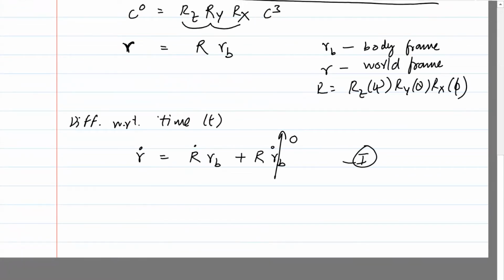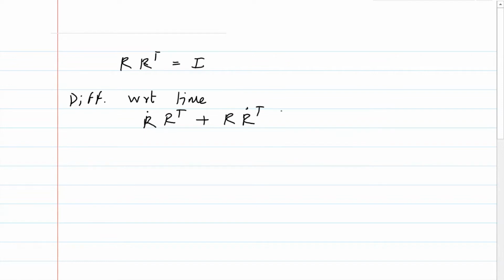Okay, now let's take the property of a rotation matrix. The property is R times R transpose is I. Then differentiate this with respect to time. So we have R dot times R transpose plus R times R dot transpose equals the derivative of I, which is 0.